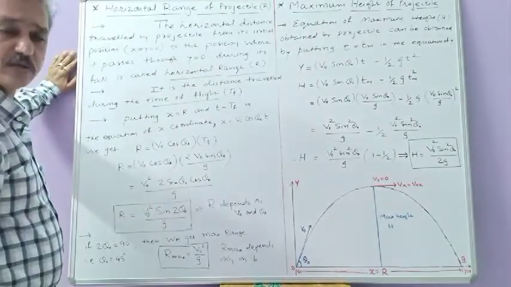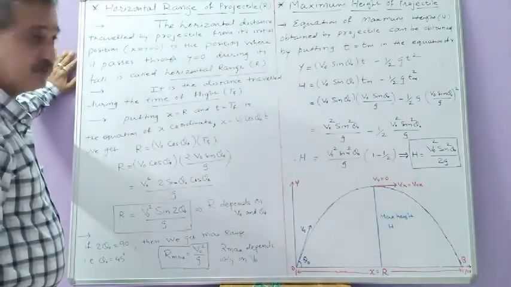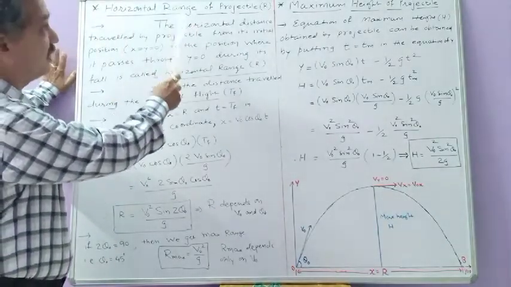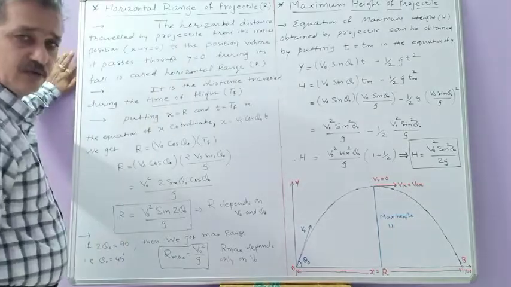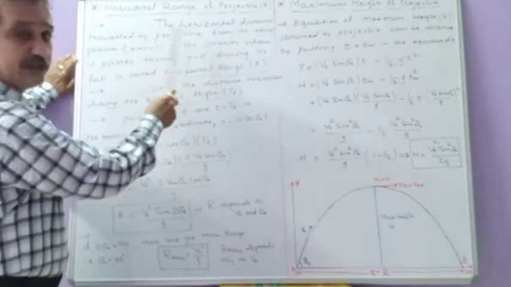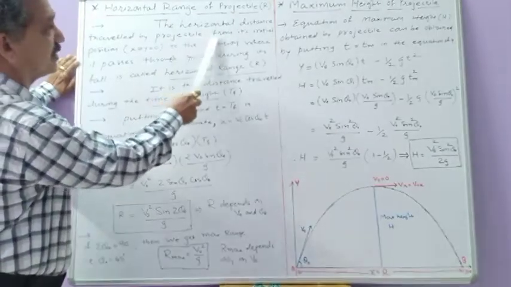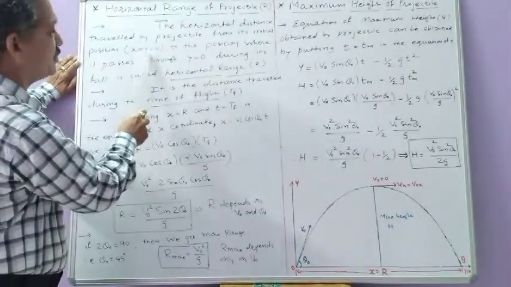Again, this is important. The question can be asked like this: derive an equation of horizontal range, or simply range of projectile. So how will you obtain this? The horizontal range is nothing but the horizontal distance travelled by the projectile from its initial position.